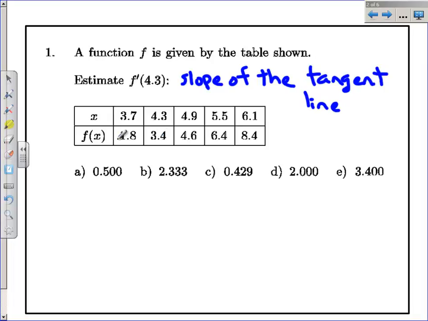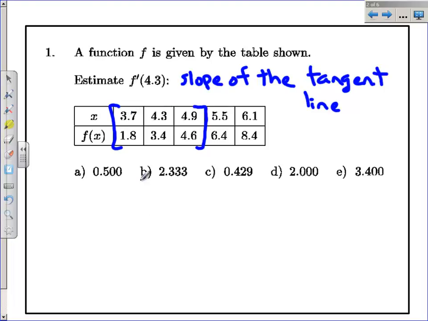Now, the best way to approximate slope of a tangent line is to take a secant line that's really, really close to the point that you're trying to approximate the slope. What I mean by that is take 2 points that are just on either side of 4.3 and find the slope between those 2 points, and that will approximate the slope at that point.